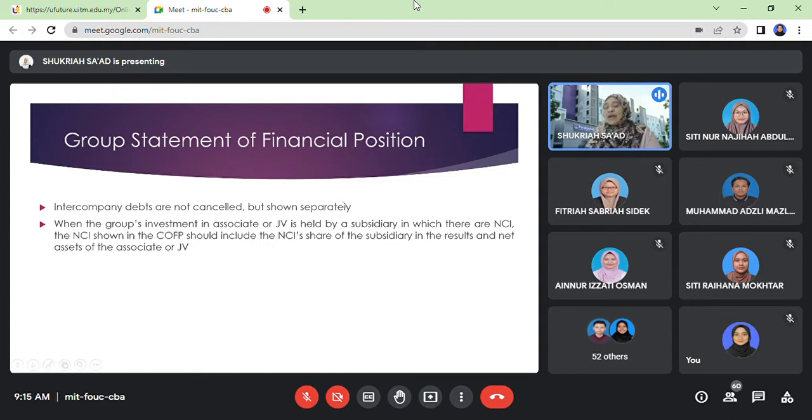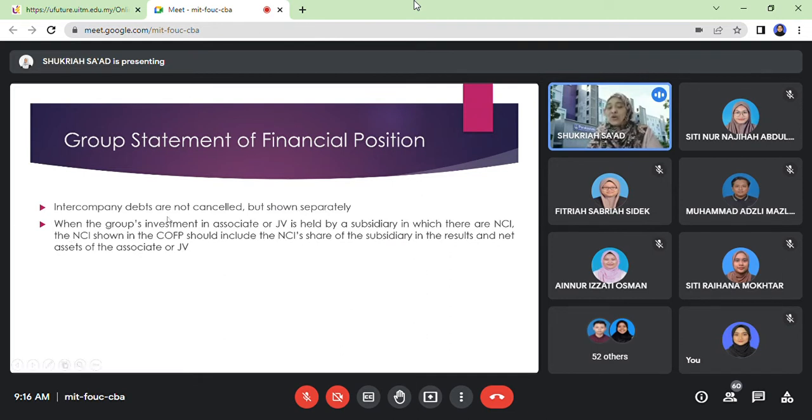So whatever matters related to the associate, especially intercompany transactions between holding and associate, will be disclosed separately in their own statement. Who is their own? They here refers to the holding company.